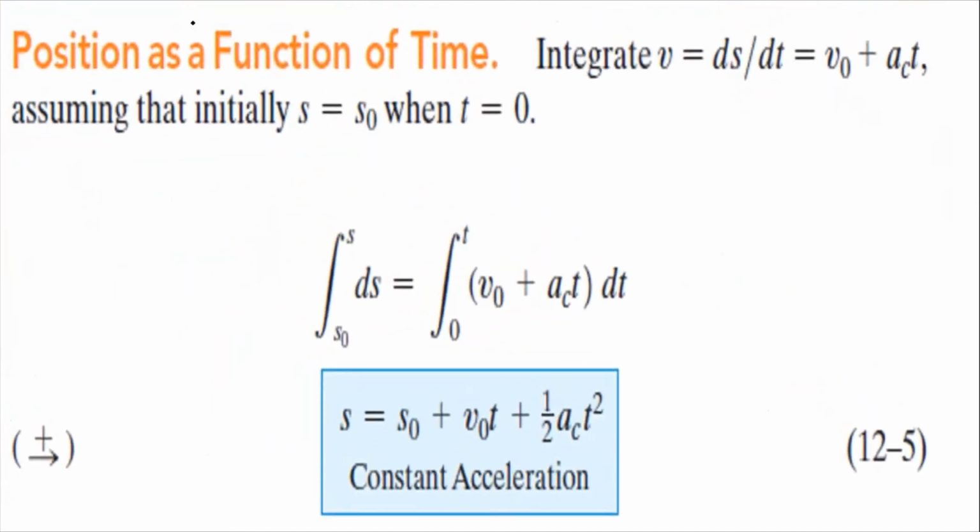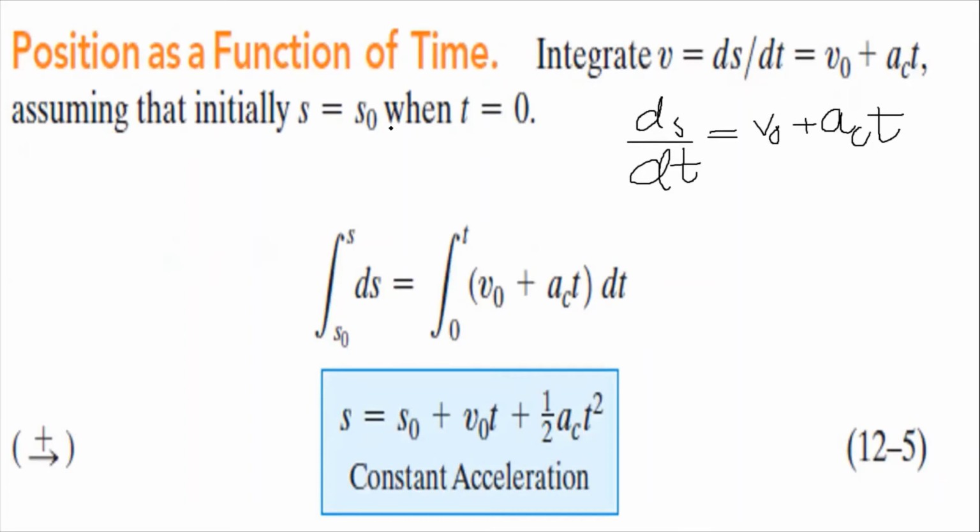Now we are going to find the position in terms of time. So we have to integrate v equals ds over dt equals v naught plus at. So we have this equation. We write ds over dt equals v naught plus at. We bring this dt here, and v naught is obviously a constant value.